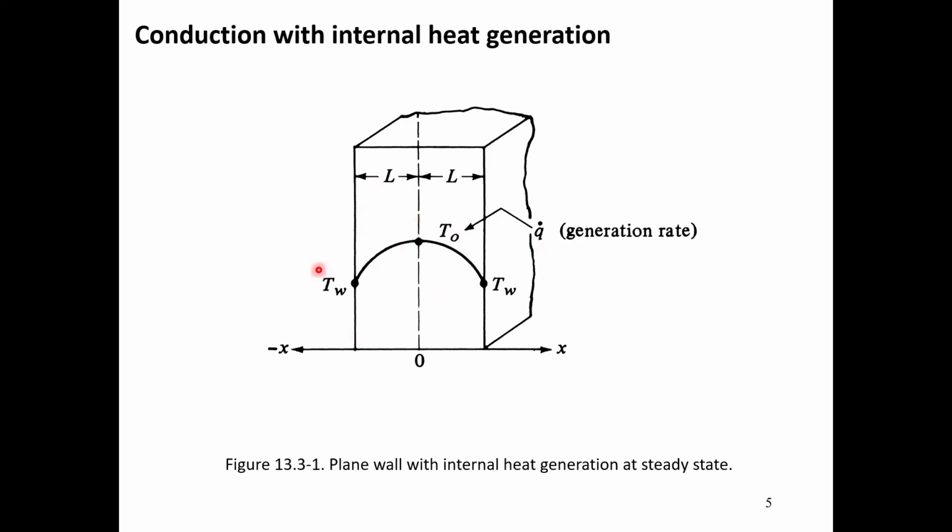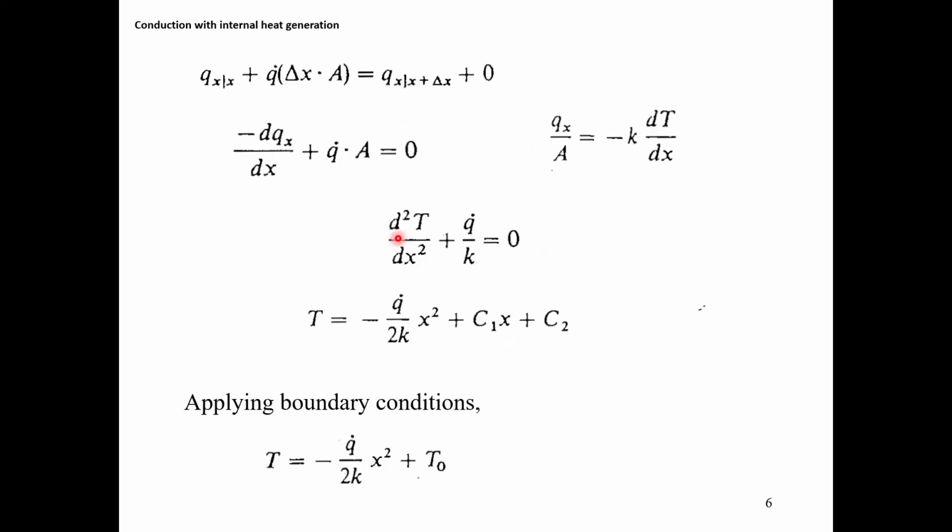We want to come up with an equation that will provide the temperature profile within the slab, so we want to know the temperature at any location within the slab when heat generation is happening inside. So how do we do that?